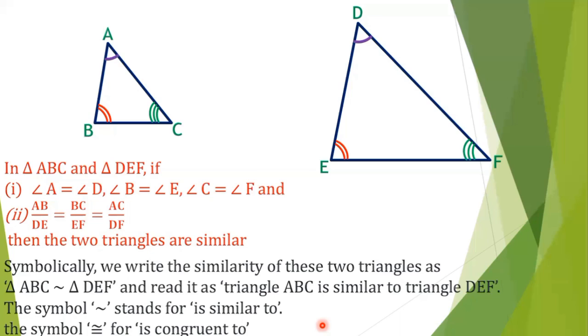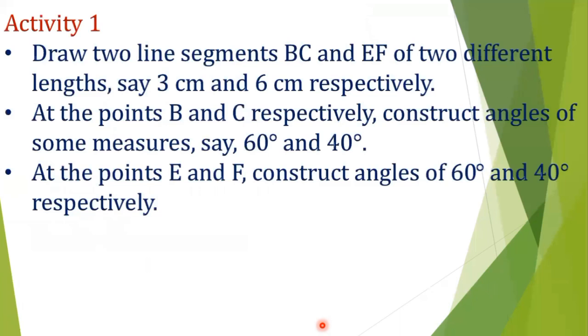Recall that you have learnt about SSS, SAS, ASA and RHS criteria for congruency of triangles. Now let us make an attempt to arrive at certain criteria for similarity of two triangles involving fewer pairs of corresponding parts of two triangles. Now let us perform the activity.